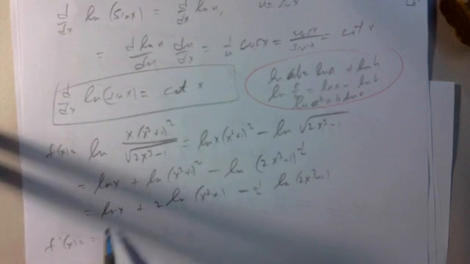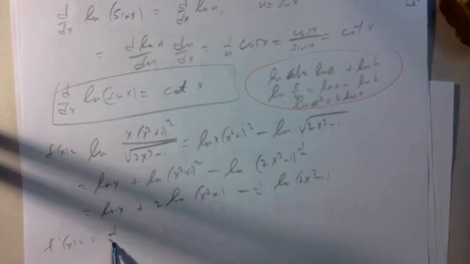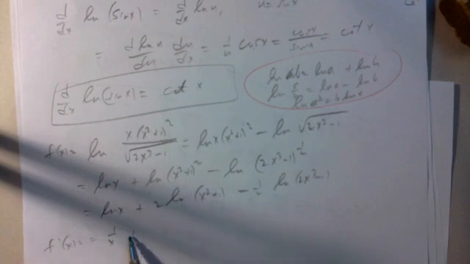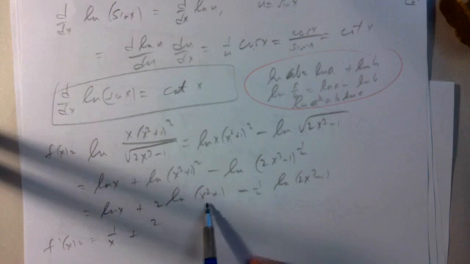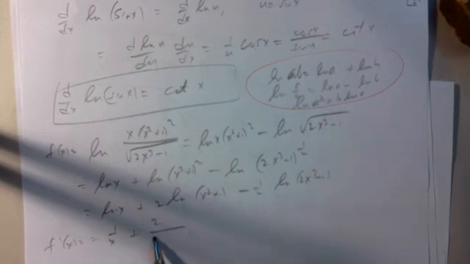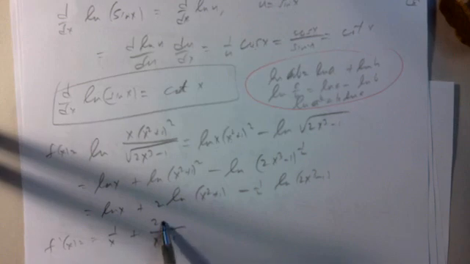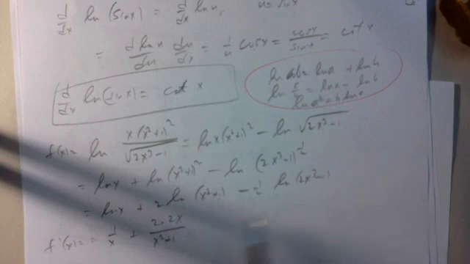So now I can differentiate using the chain rule, f prime of x. I differentiate term by term. The derivative of log x is 1 over x. Plus 2 times, this is a composite function, the derivative of the log of x squared plus 1 is 1 over x squared plus 1 times the derivative of x squared plus 1, which is 2x, minus 1/2.